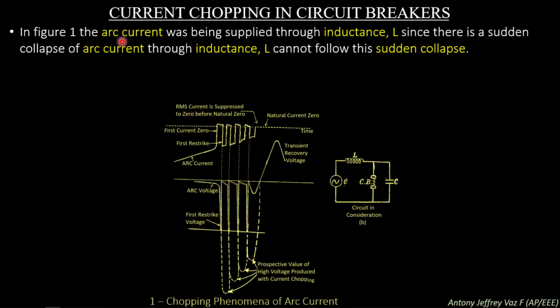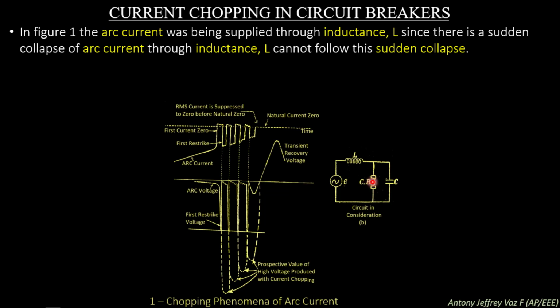In the same figure, the R current was being supplied through inductance L. Since there is a sudden collapse of R current, the inductance L cannot follow this sudden collapse. You can see in the equivalent circuit, first the inductance L is providing the R current, and this arc is maintained in the circuit breaker.